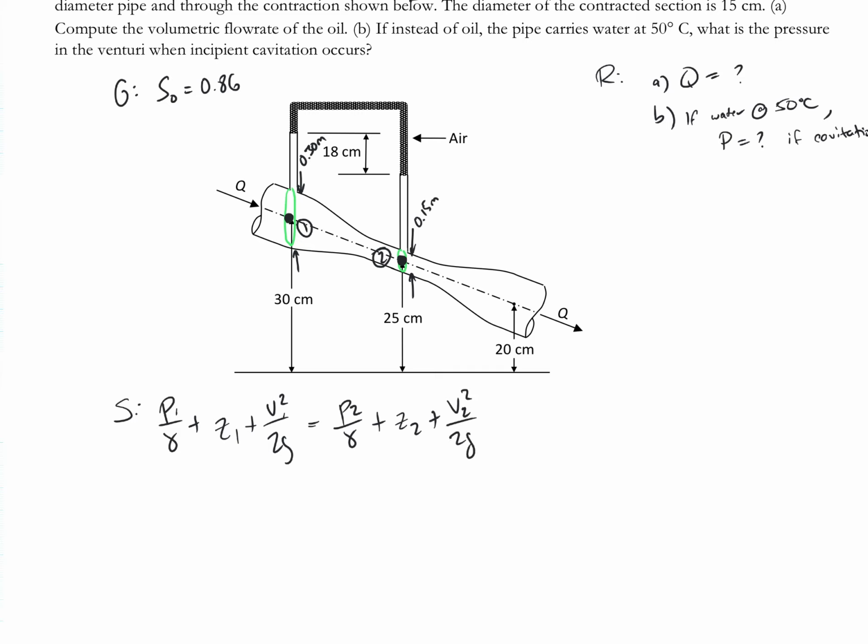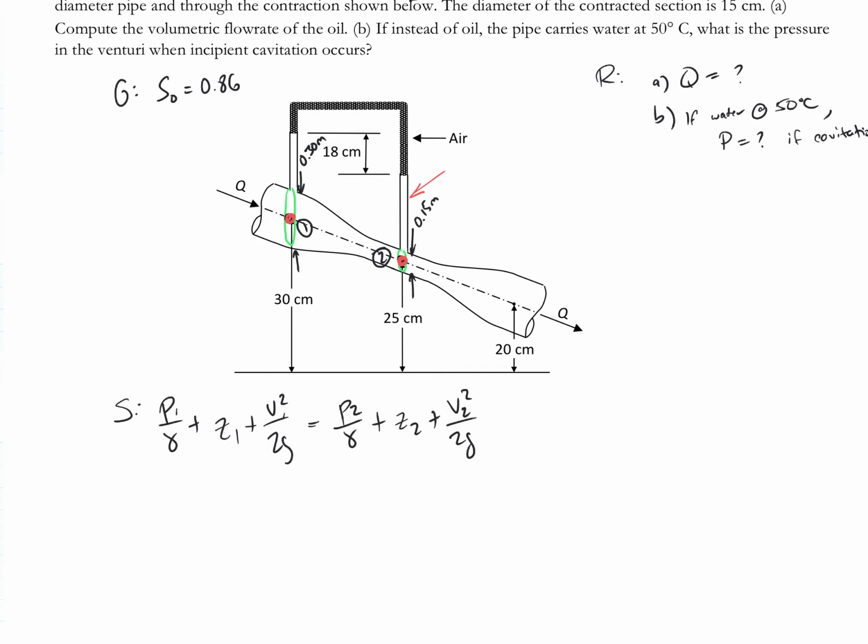We can't get rid of any of these terms. At point 1, I've got a pressure, an elevation which is 30 centimeters, and a velocity. The same thing can be said for location 2. P1 is a pressure here, as indicated, amongst other reasons because we've got a manometer, which tells us there's a pressure here.